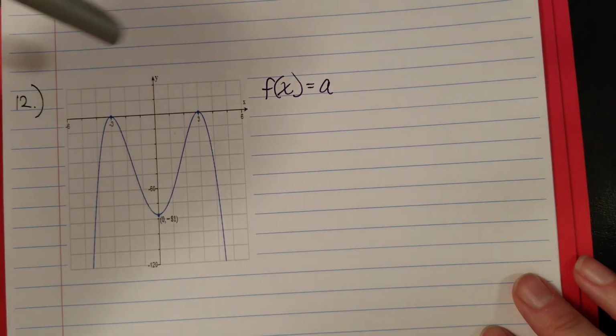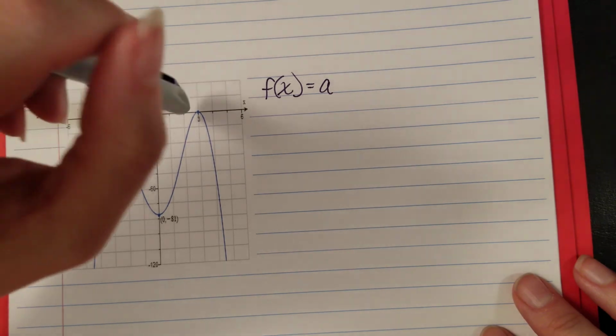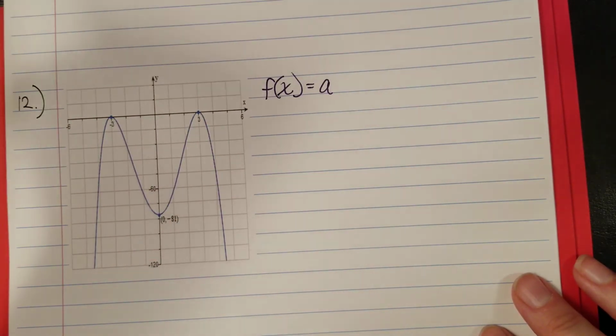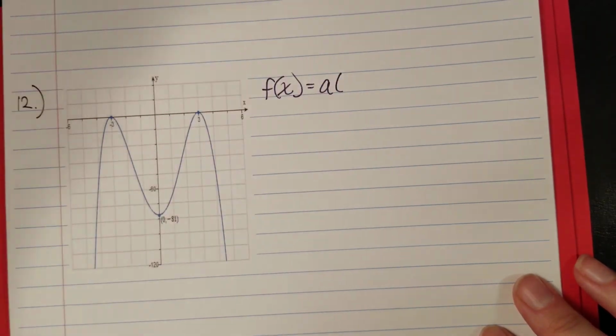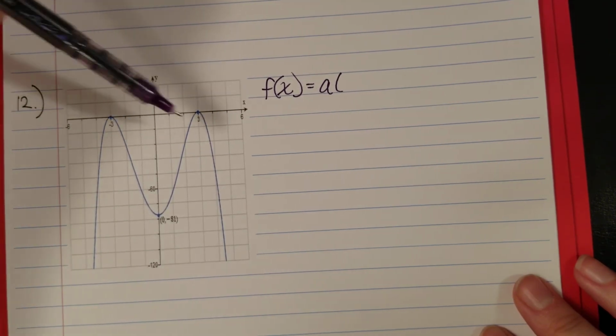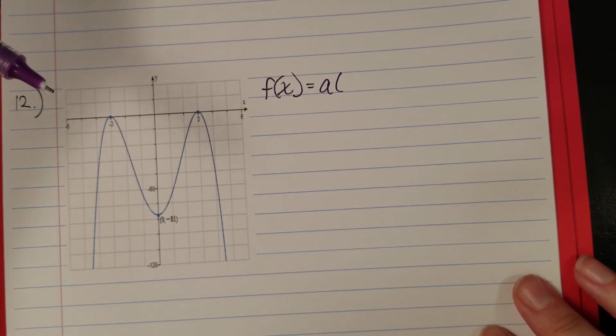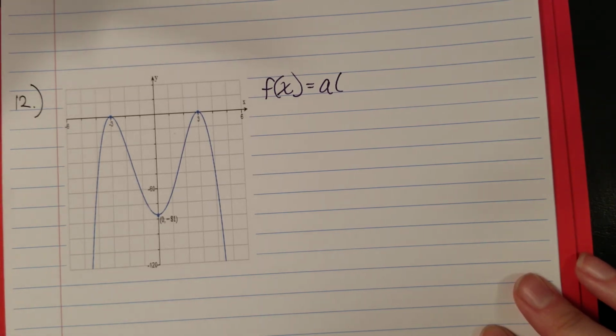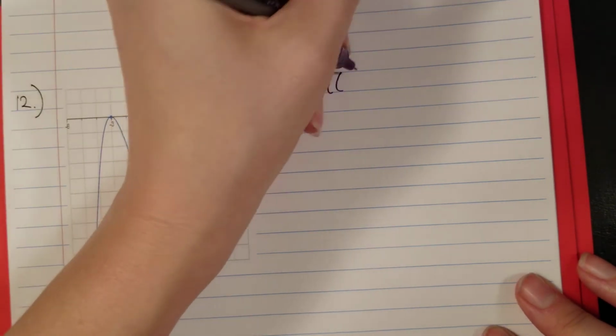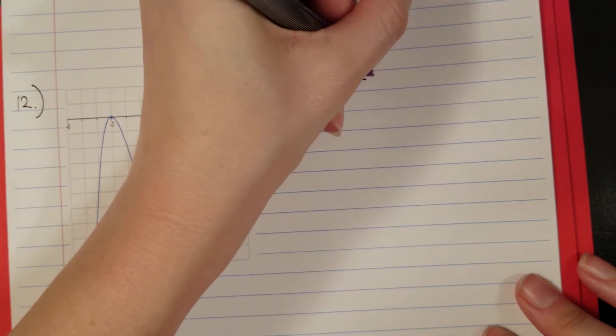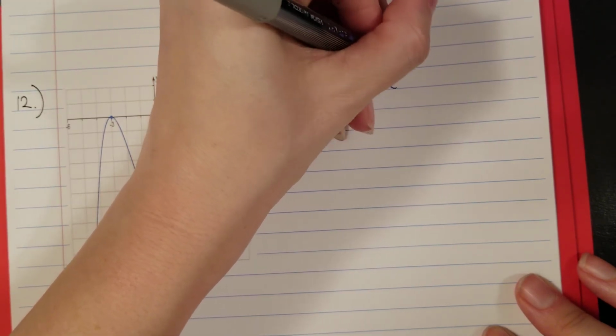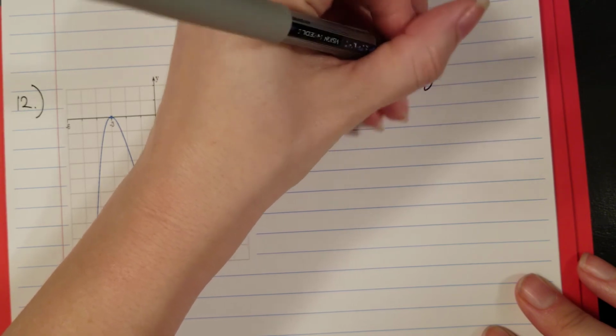And then I have a 0 at -3 and I have a 0 at +3. But from the looks of the graph, I can see that they both have to have an even multiplicity. And so since we're looking at the least possible degree, I'm just going to go with 2 as the multiplicity for each of those. X minus 3 squared, x plus 3 squared.